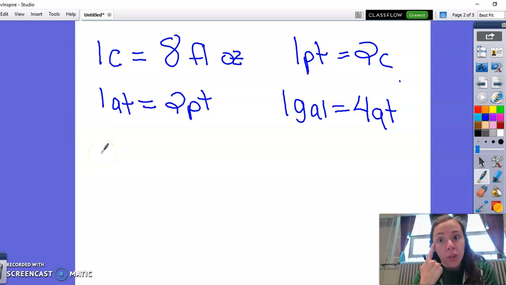I need to remember the numbers for the smaller units. So cups, the smallest unit is 2, and then between this one, the smaller unit is pints, and that's also 2. When you have a double-step conversion, you have to find which unit is the bridge between them.